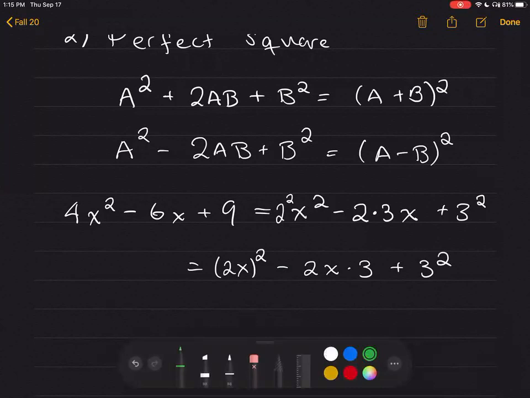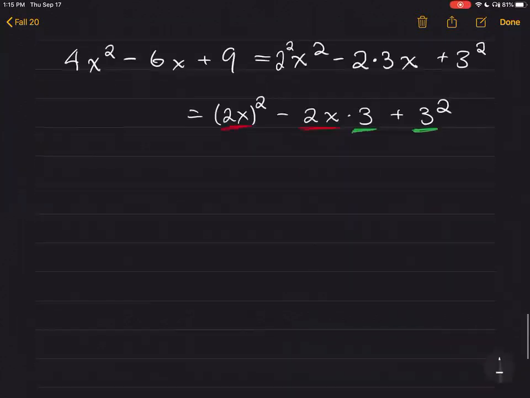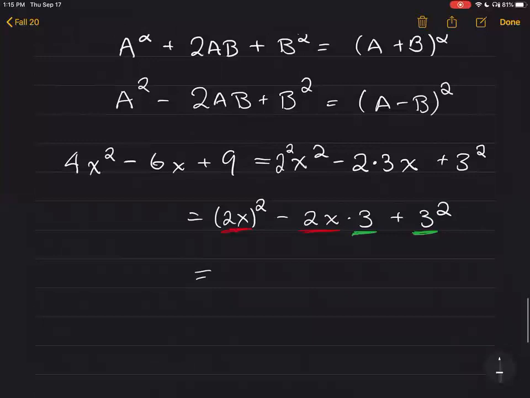So this follows the formula because you can think of this as our b here, and this here is our a. So if we follow the formula, this becomes 2x minus 3, squared.